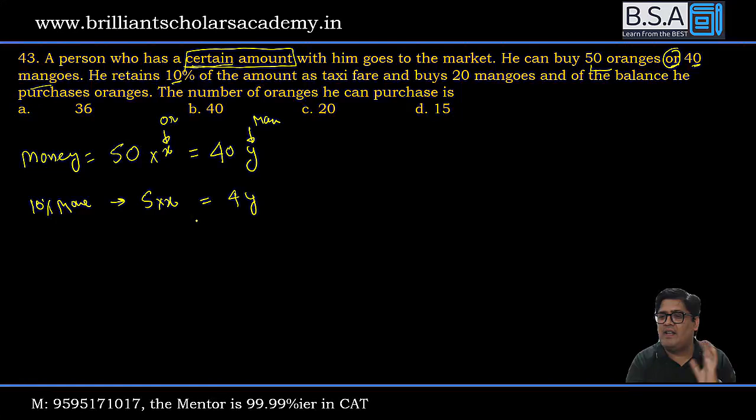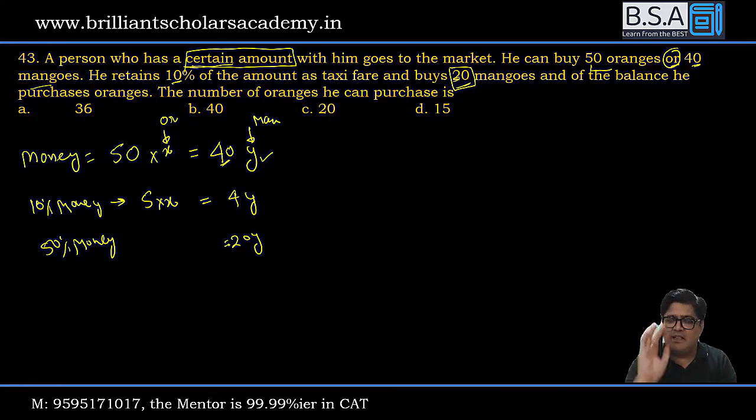10% means removing one 0. So I removed one 0 from this, one 0 from this. Good. So we have removed 10%. Now we are saying he buys 20 mangoes. 20 mangoes is half of this. Half of this means 50% of the money he has used for mangoes. खरीद लिया इसने.